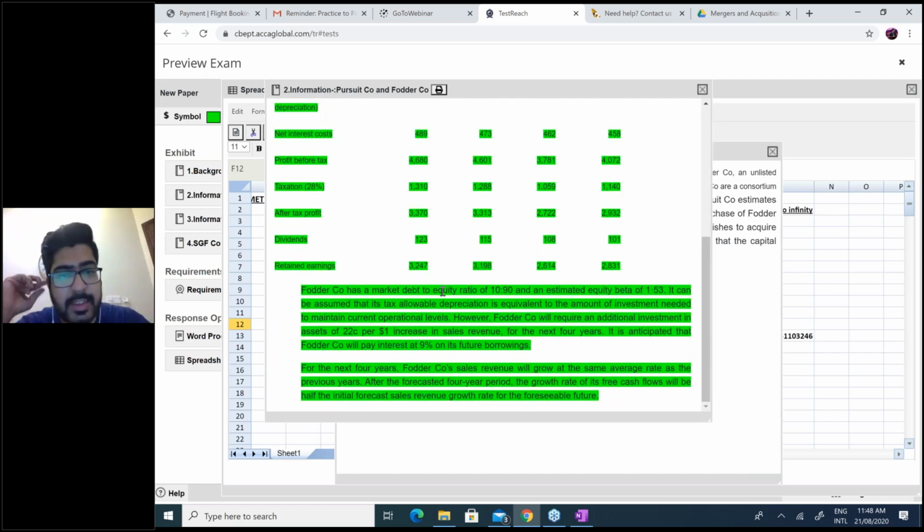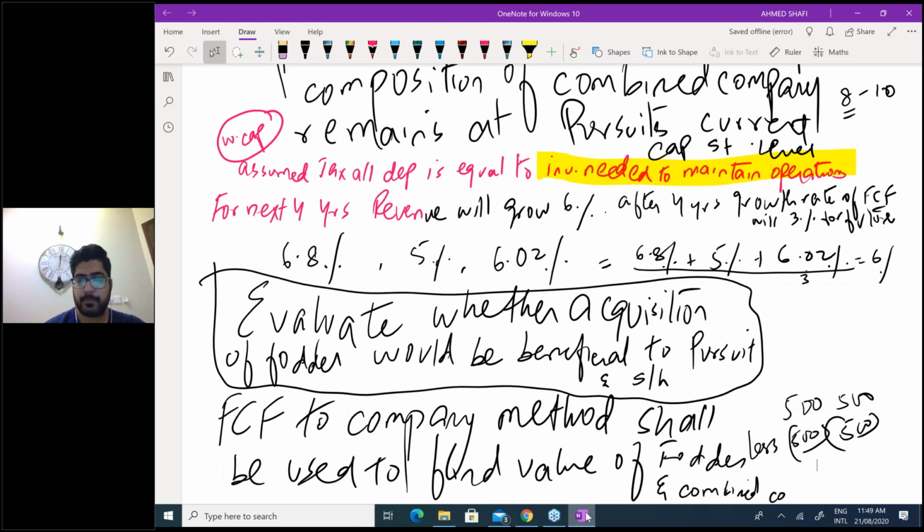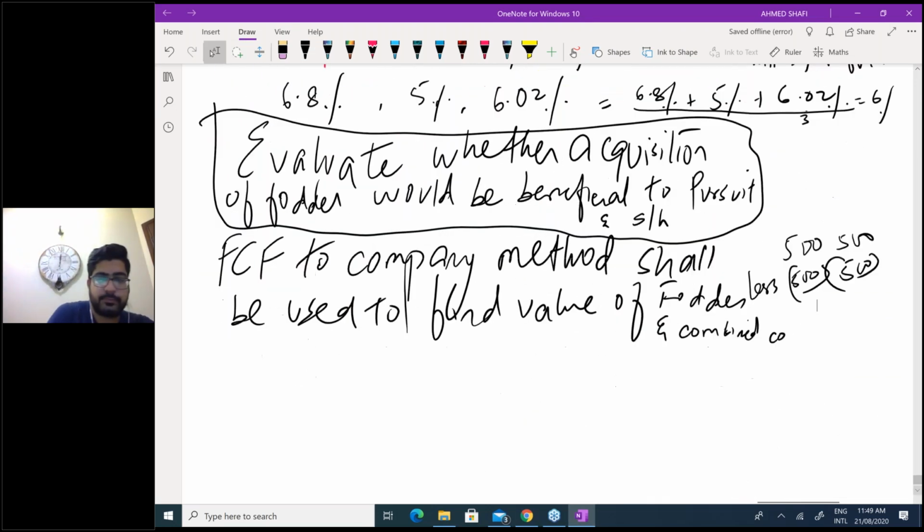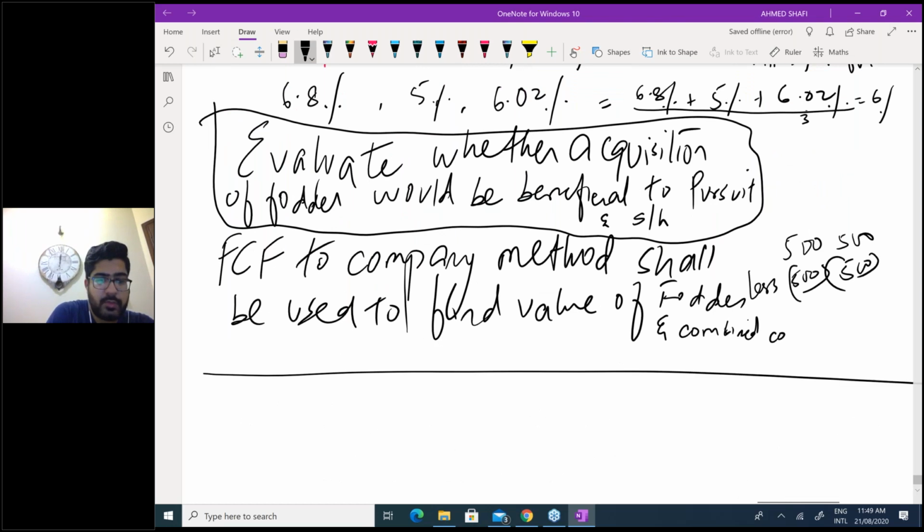Fodder has a debt to equity composition of 10:90. Fodder's debt to equity composition is 10:90.